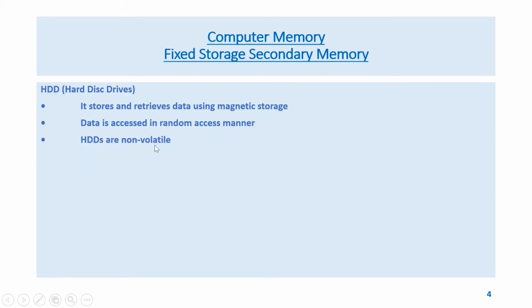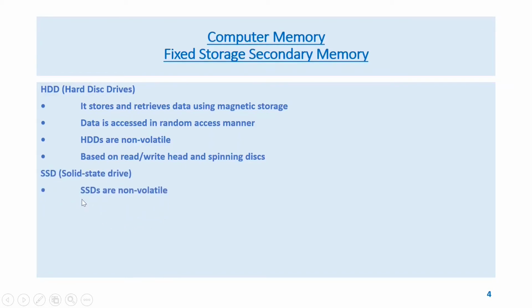Hard disk drives are non-volatile and based on read-write heads and spinning disks. Solid state drives. SSDs are non-volatile. They have no moving parts. They are faster, reliable, noiseless, and consume less power.